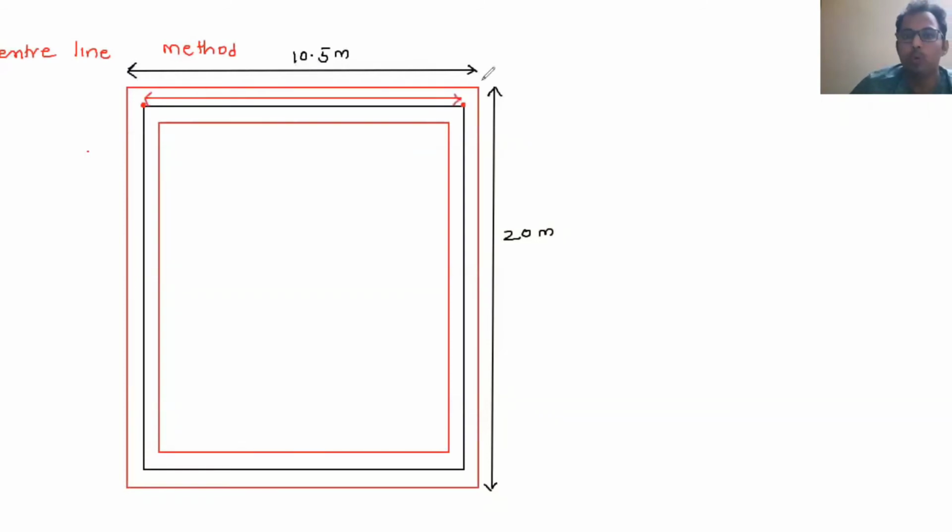It is equal to 10.5 minus half thickness on either side, right? So how much is this? This is 0.5 by 2, that is 0.25. Similarly, on the other side also, 0.25.